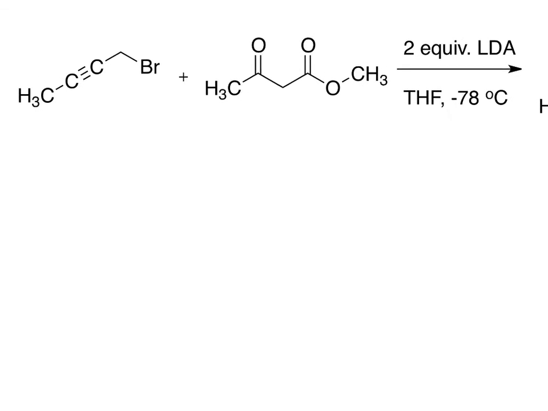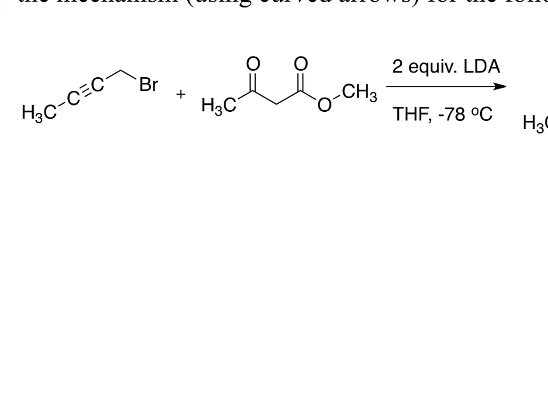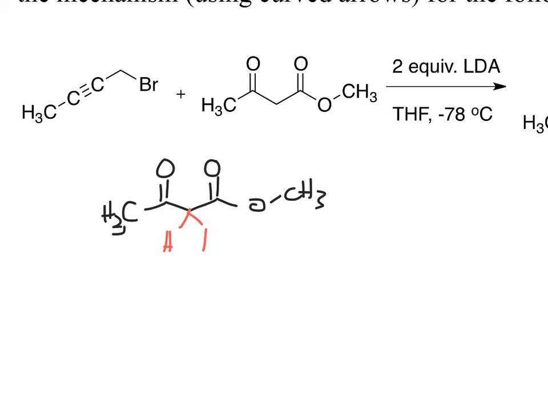So if we blow this up, I'll redraw it. So we've got CH3, two hydrogens, pKa 6 to 11. These will easily be deprotonated by our base, which has a pKa of 35.